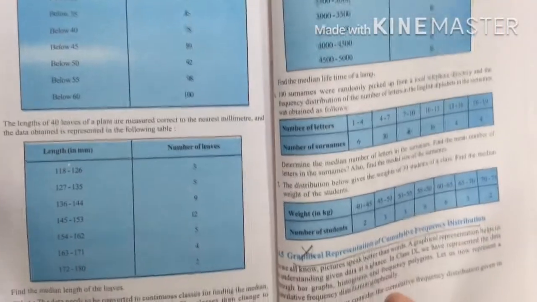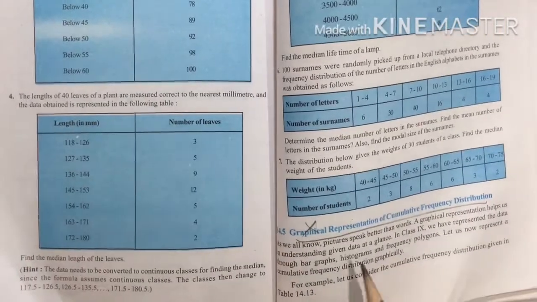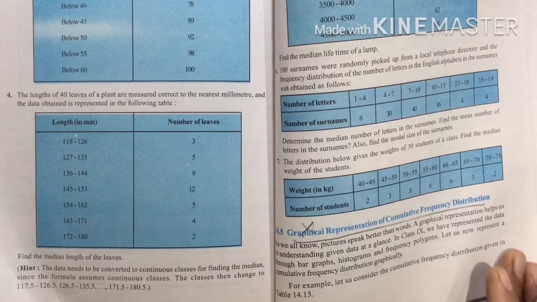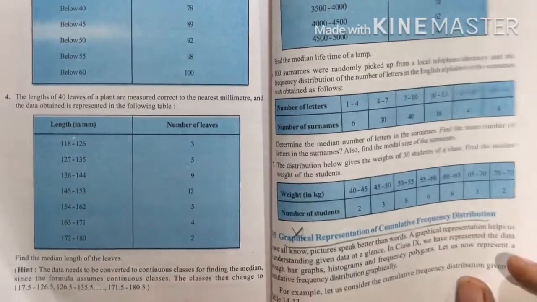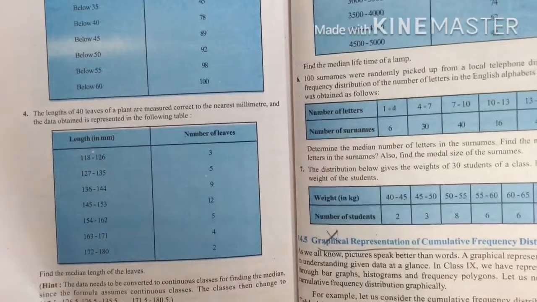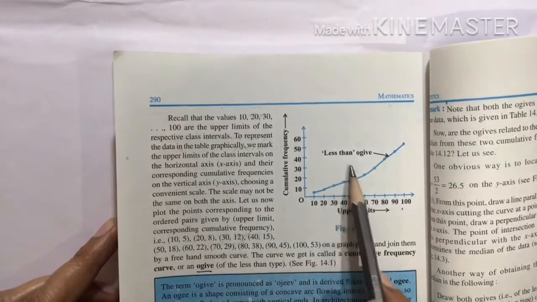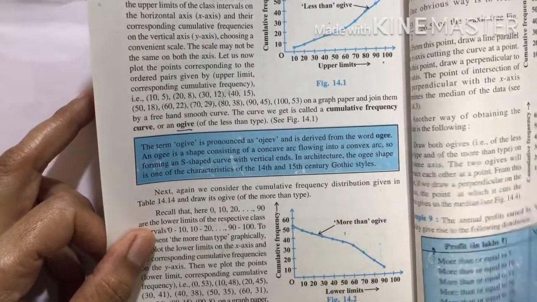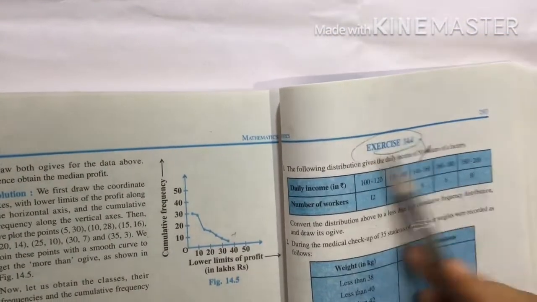After that, the graphical representation of cumulative frequency distribution has been deleted, which means we need not do that. Less than ogive and more than ogive, this type of graphical questions will not come. So no need to do exercise 14.4.